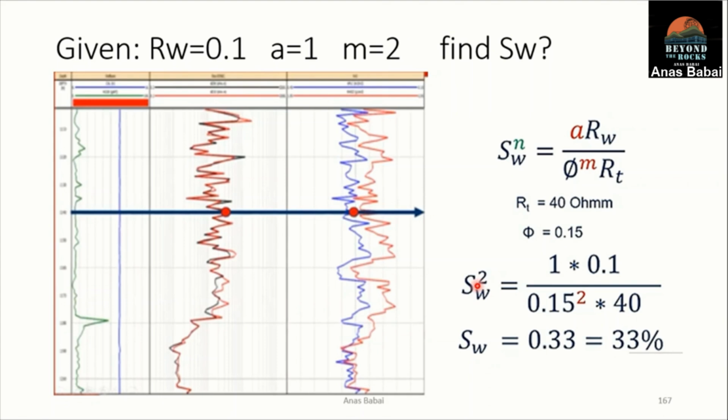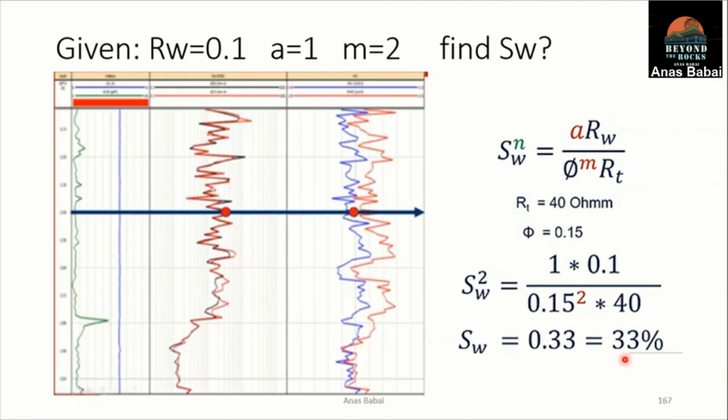So now the equation is water saturation to the power 2 equals 1 multiplied by 0.1 divided by 0.15 to the power 2 multiplied by 40, and that will give us the water saturation equals 0.33 multiplied by 100.